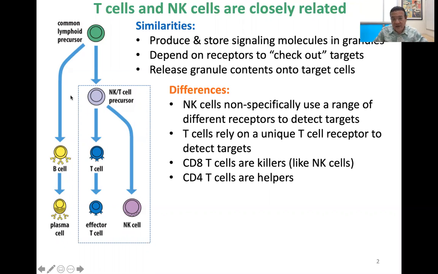And we said that that natural killer T cell precursor cell would leave the bone marrow. And after it leaves the bone marrow, that's when it sort of decides what it ultimately becomes.